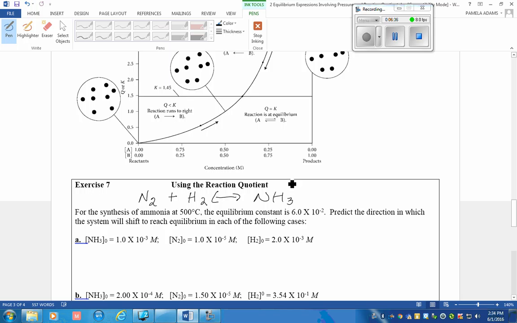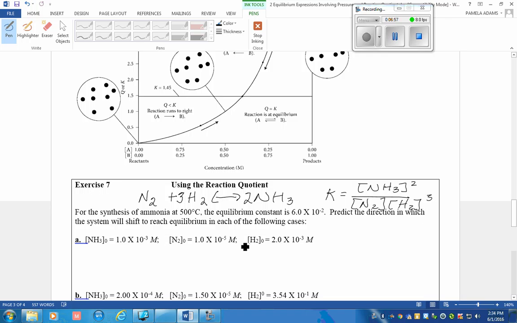When this reaction is balanced, it looks like this. The K expression for the Haber process would have NH3 raised to the second power over nitrogen times hydrogen cubed.